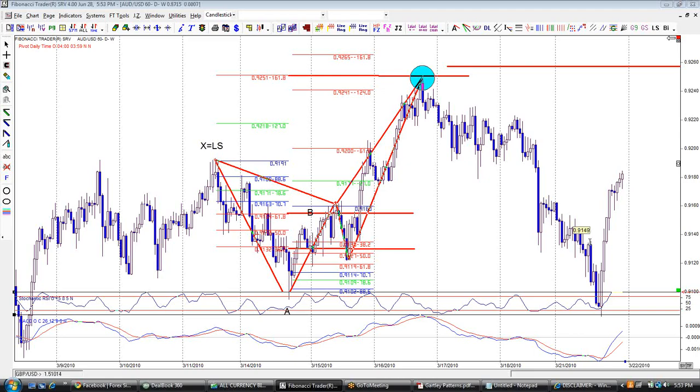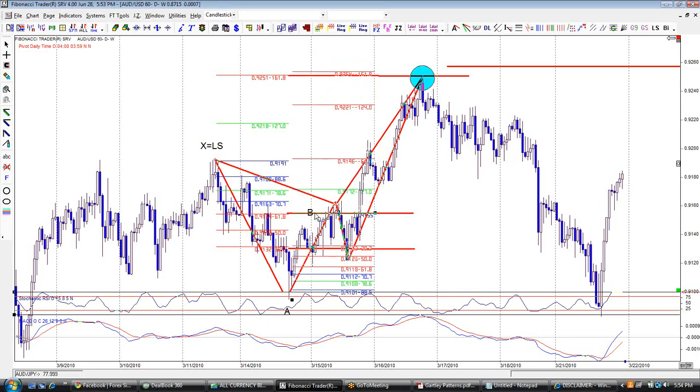Yes, it could be anywhere in those levels. It could be 41450. It does not have to be exactly 618 or exactly 382. As long as you have the convergence, you have a good pattern.